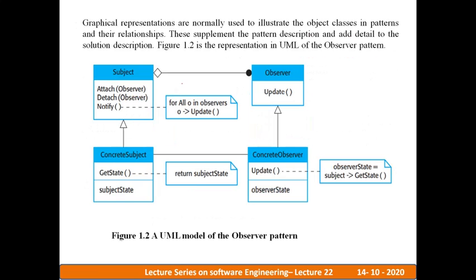So here we have in figure 8.2 subject and observer, and in that we have the concrete subject and concrete observer. Concrete subject will be inheriting from the subject, and the concrete observer will be inheriting from the observer.